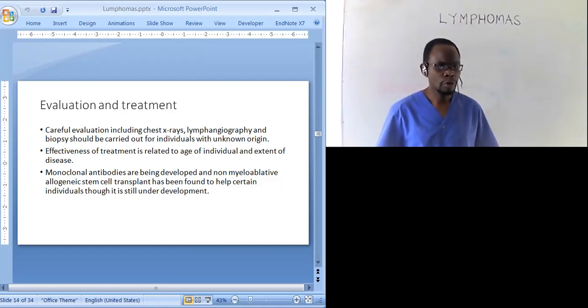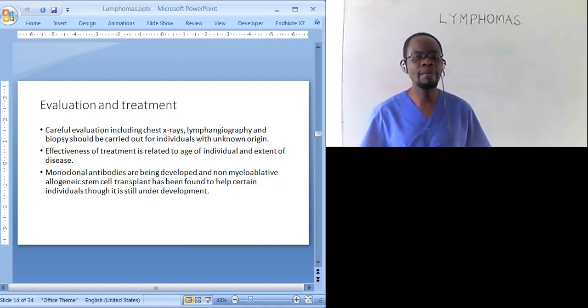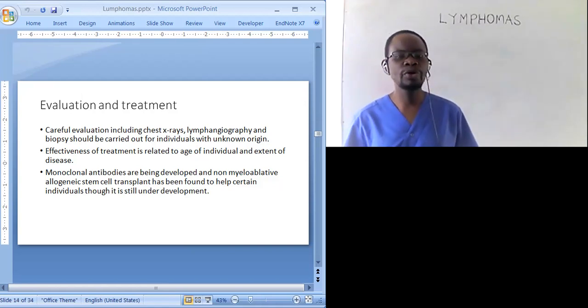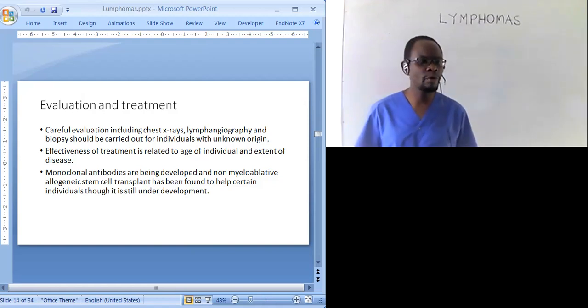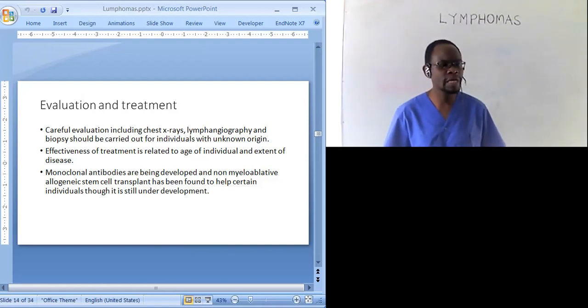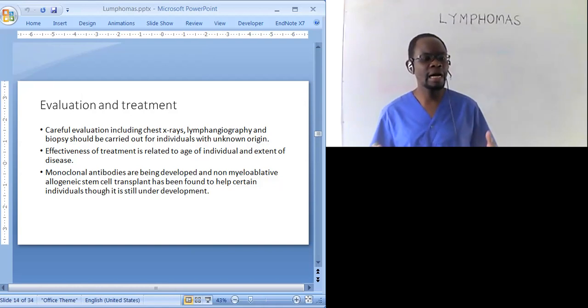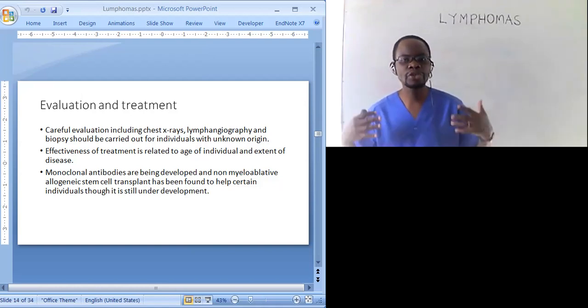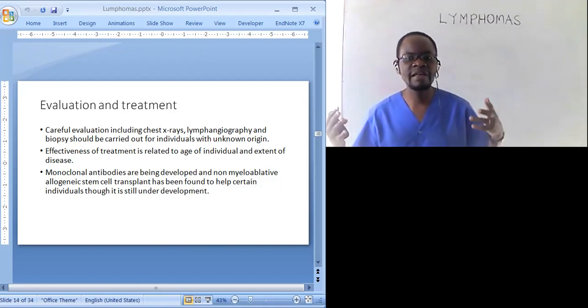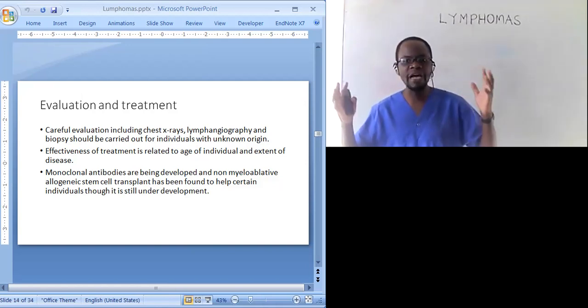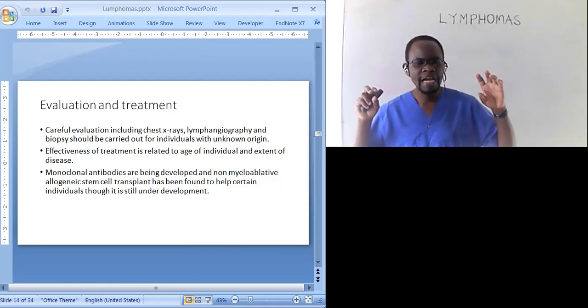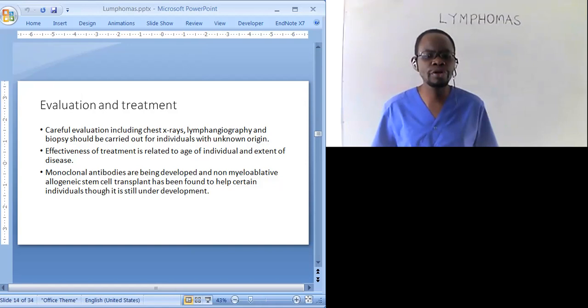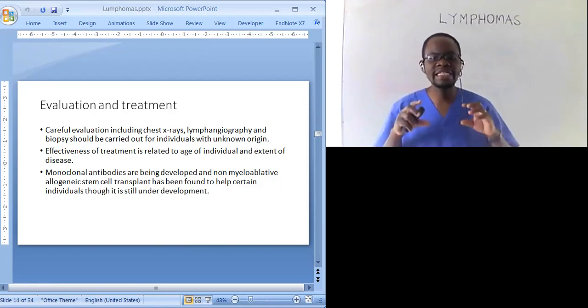Now, there are new monoclonal antibodies, which unfortunately we do not have in Uganda at the moment, that are being developed and help in destroying the lymphoma cells.